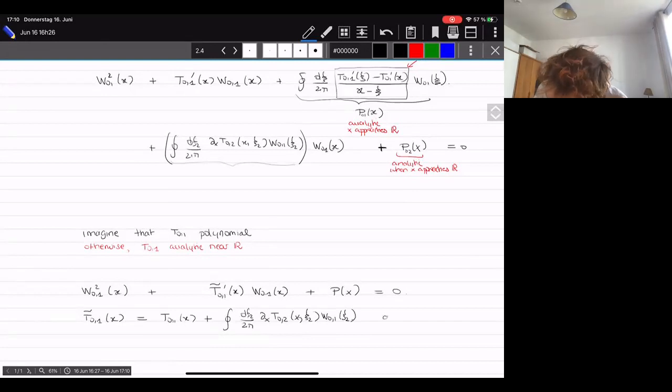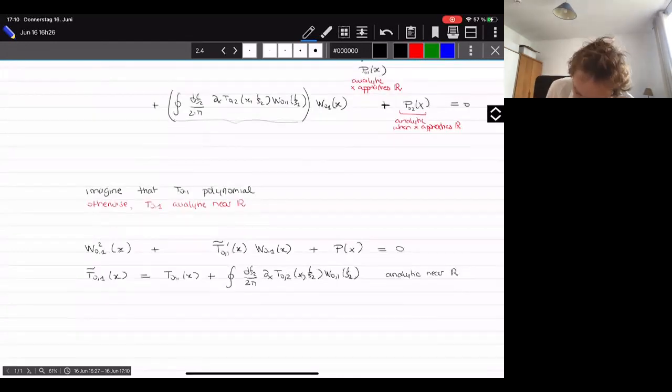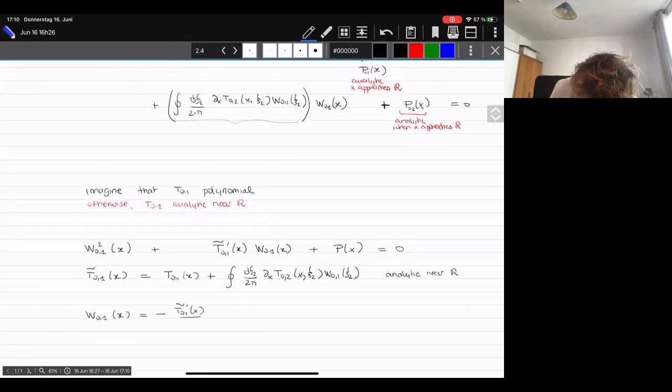But by our assumption, it is analytic near R. So seen like this, it's a quadratic equation after all, so I could solve it. Here I didn't have any more derivative. Plus a half square root of T tilde 01 prime x squared minus 4p of x.